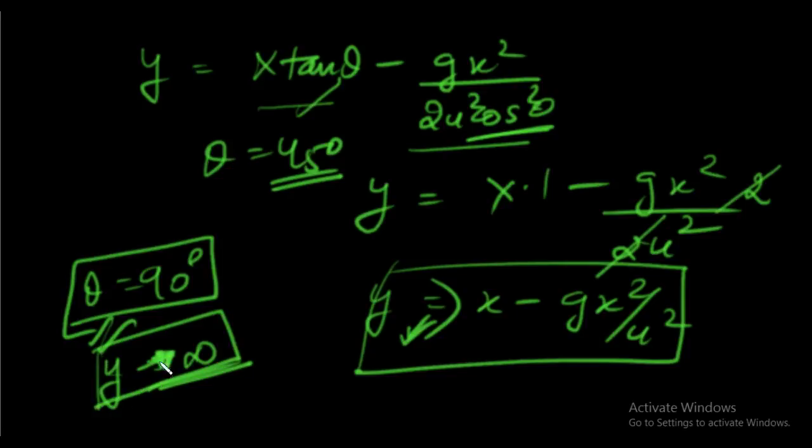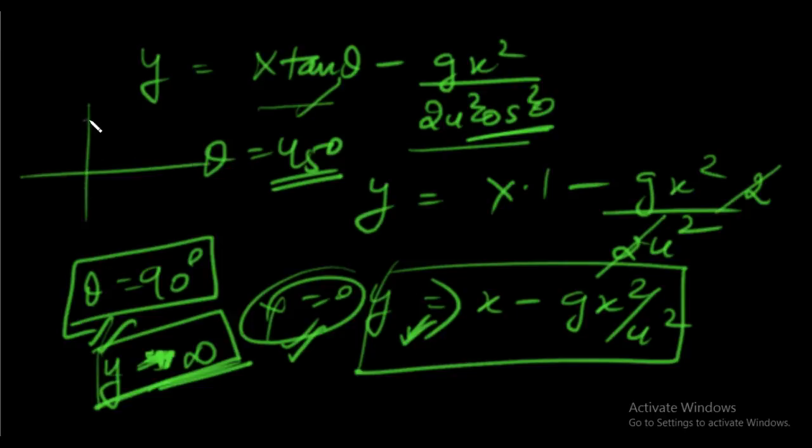But x would always be 0, because when y reaches infinity, the projectile will only go up. Okay, so x would always be 0.